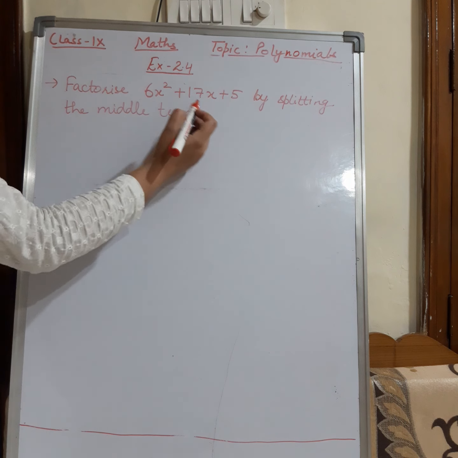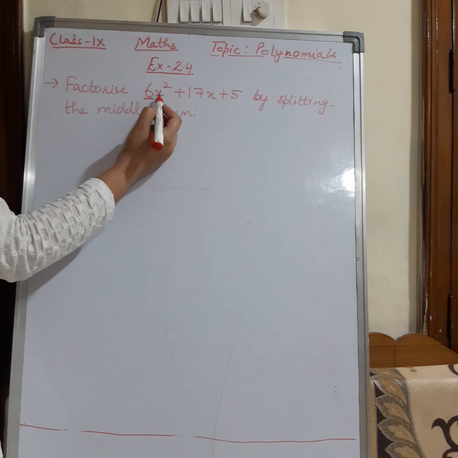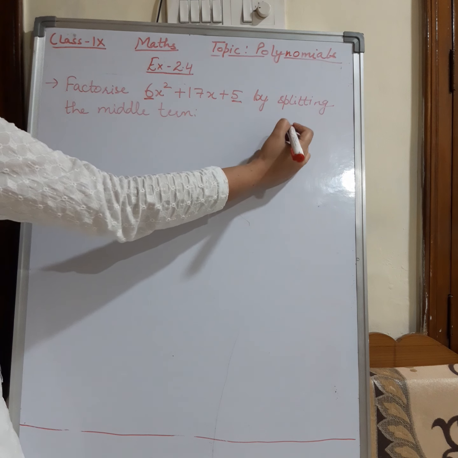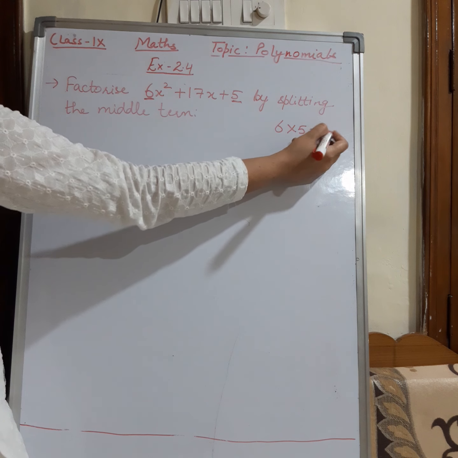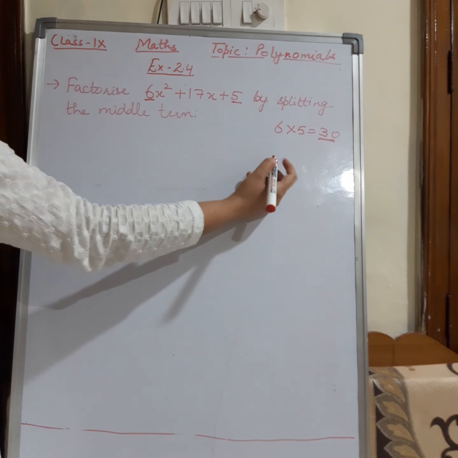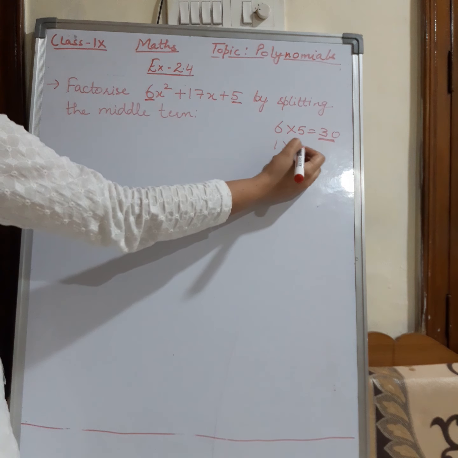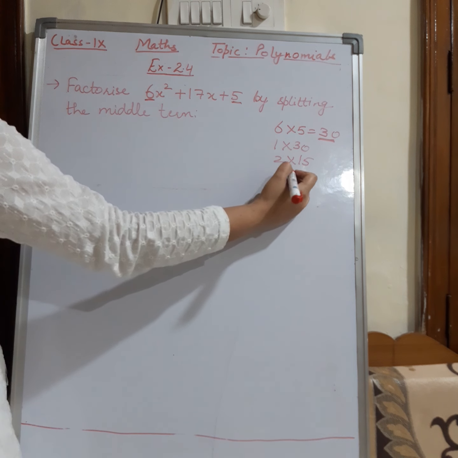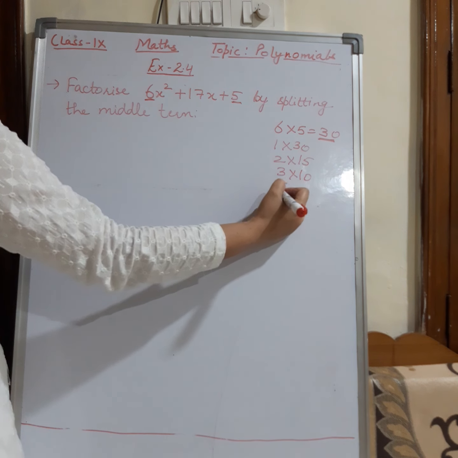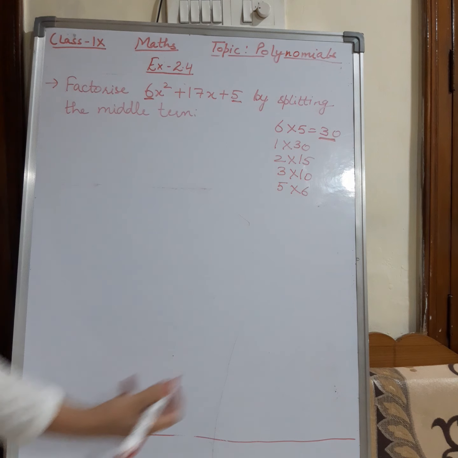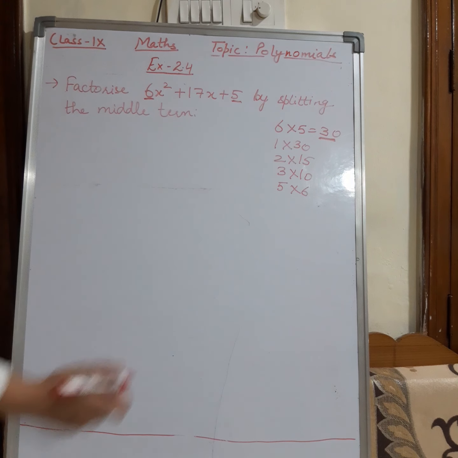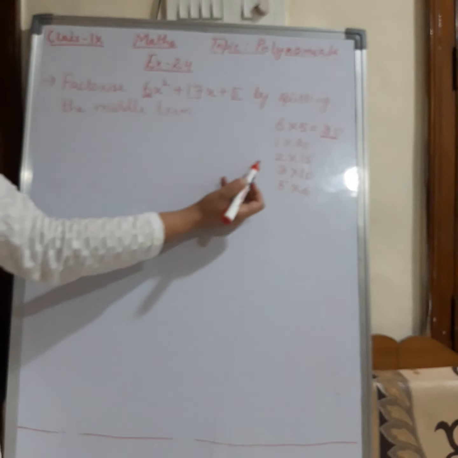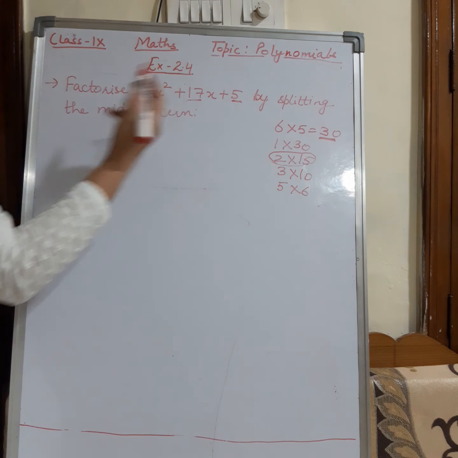First of all, we multiply the coefficient of x square and the constant term, that is 6 into 5 will be 30, and then we have to make the factors of 30, like 1 into 30, 2 into 15, 3 into 10 and 5 into 6, and next will be 6 into 5, so it is the same only. And by using two of those factors I should get 17, so I'll be using this.